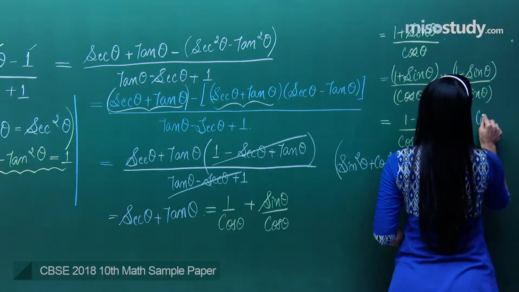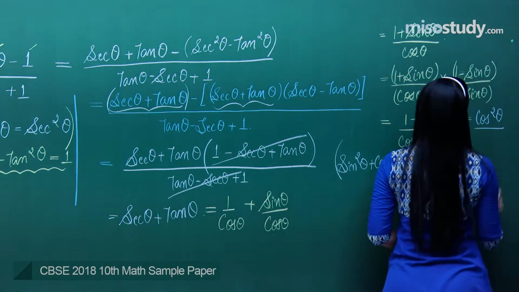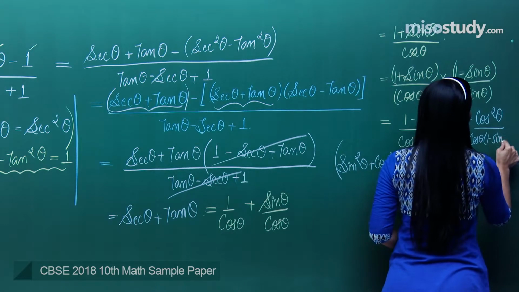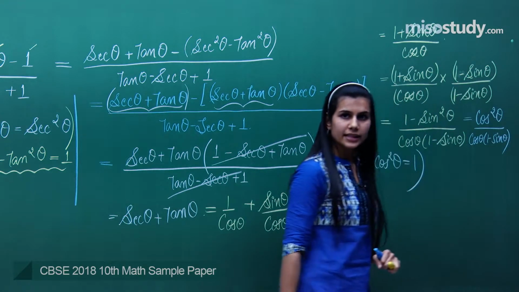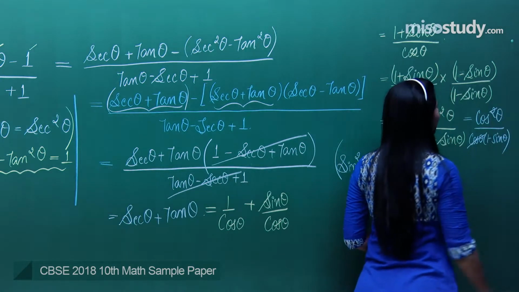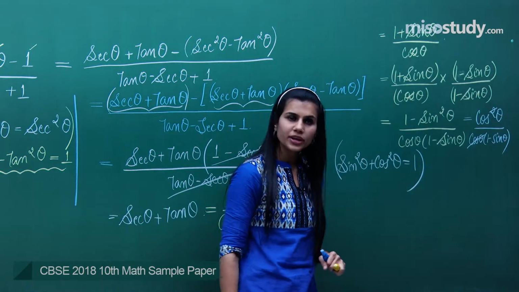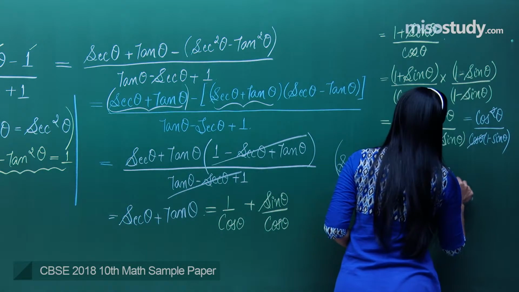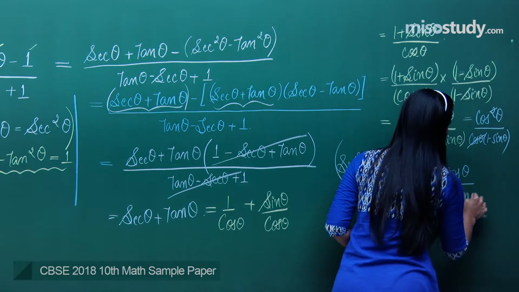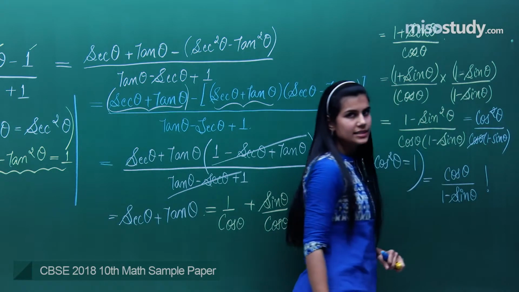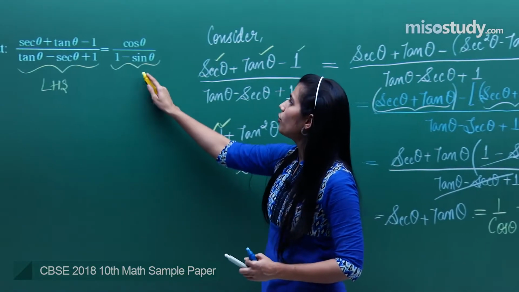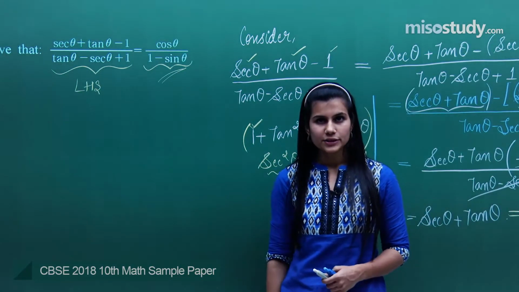It will be nothing but cos square theta, whole upon cos theta into 1 minus sine theta. Now that you have this much, your cos theta cancels with 1 cos theta in the numerator, and therefore you are left with a single cos theta upon 1 minus sine theta. And that is what you wanted on your very right hand side.